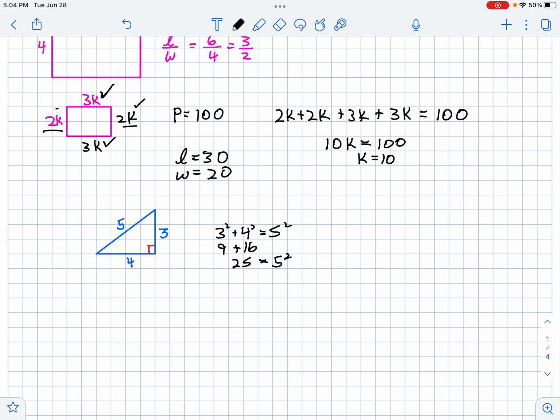So this is called a 3, 4, 5 right triangle, and it's the way that you can make real quick calculations. It has to be a right triangle, though, to have 3, 4, 5 like this. So if you do have those proportions, you know you're dealing with a right triangle. But that's beside the point right now.